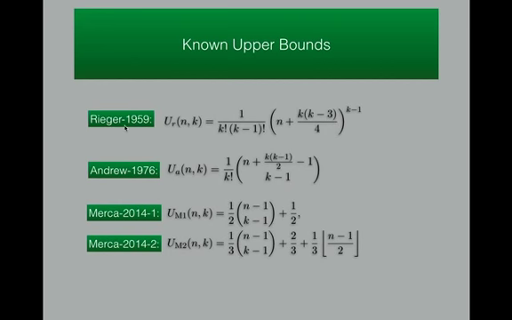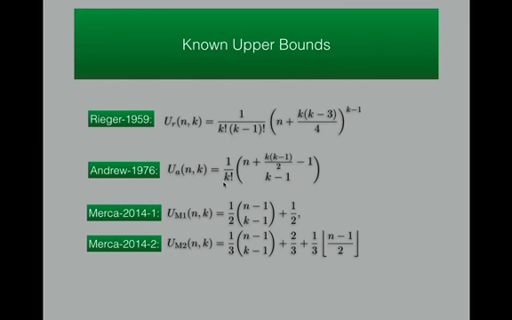The first one is by Rieger, that really appears in Coleman's work, and it is an expression that uses n and k, as it should, because we're referring to a number with 2 parameters, that is p of n and k. Ender's bound is somewhat similar. And then more recently, we have 2 more bounds that were reported in 2004 in Journal of Number Theory, and these are the 2 expressions that we have here.